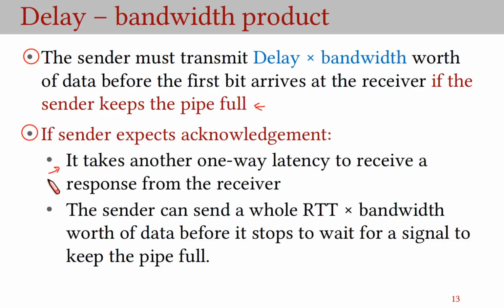And therefore, in this case, the sender needs to send one whole round-trip time times bandwidth worth of data before it stops to wait for a signal, if the sender wants to fully utilize the network.